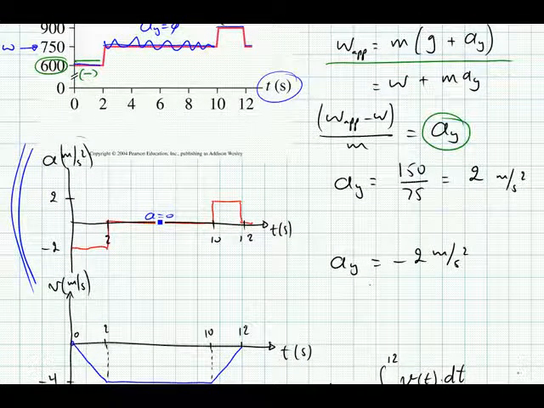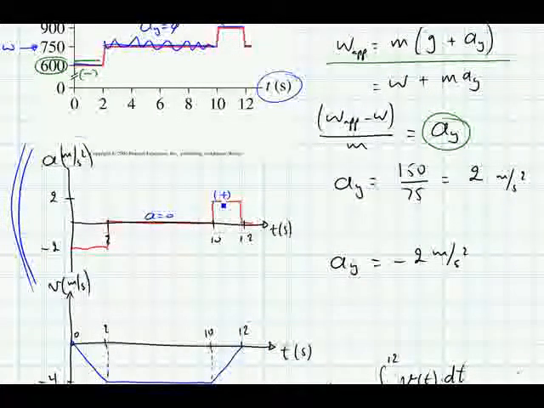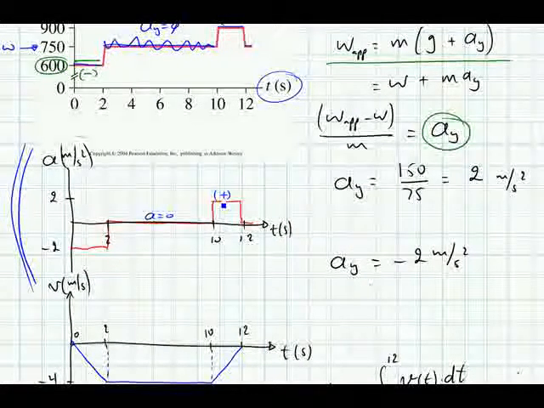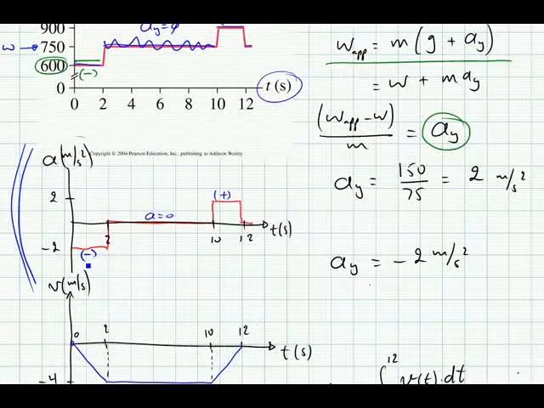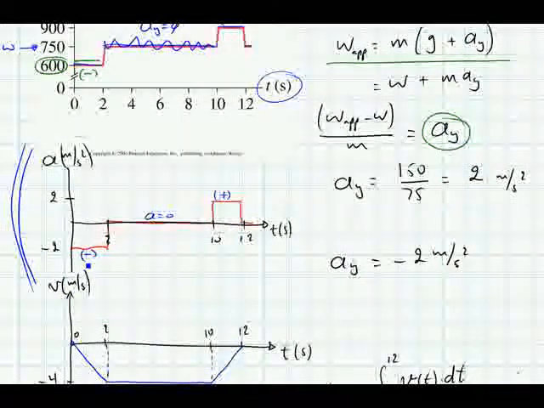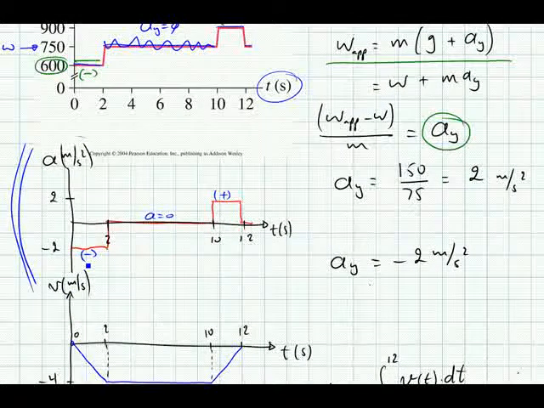So this is an acceleration of 0 because the elevator is cruising, and then there's a positive acceleration in this region to bring the elevator to a stop. So this is a negative acceleration down here, and a positive acceleration from 10 to 12 seconds.